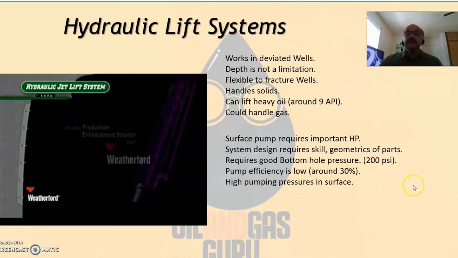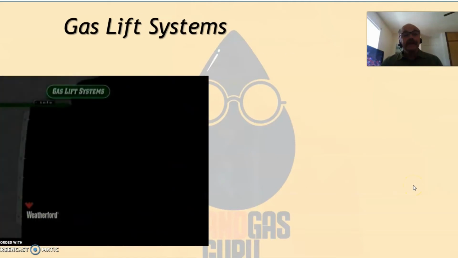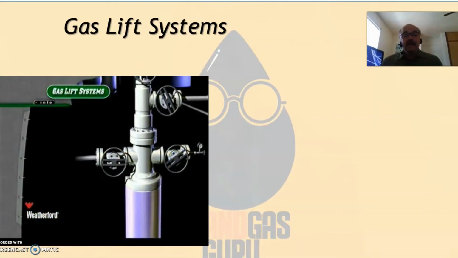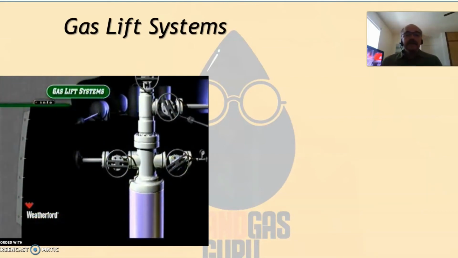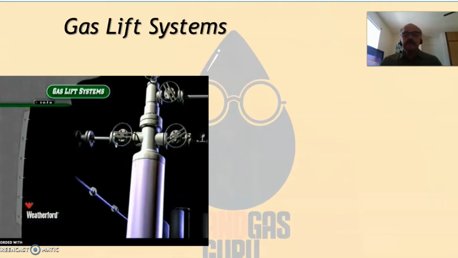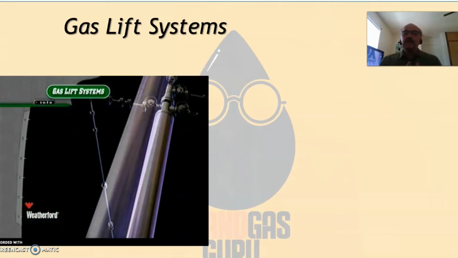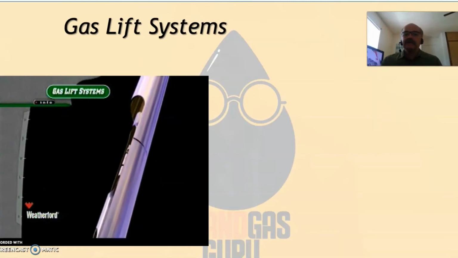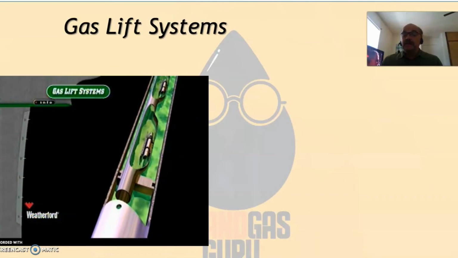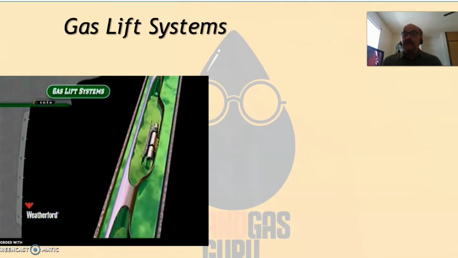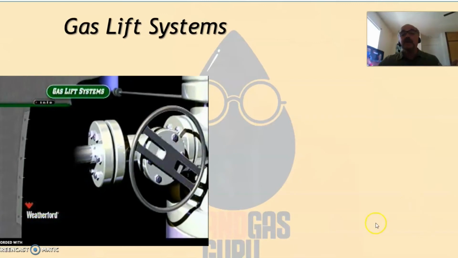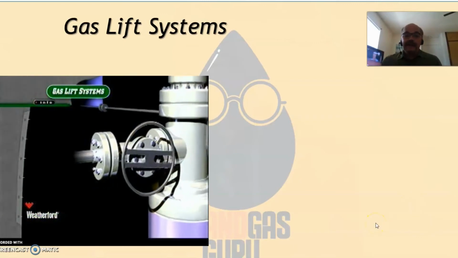This next one is what we call gas lift wells. Like I said before, if we have gas and compression available, the well can be deep or shallow, and we should use gas lift, because the run lives are very high since everything is done with wire line.